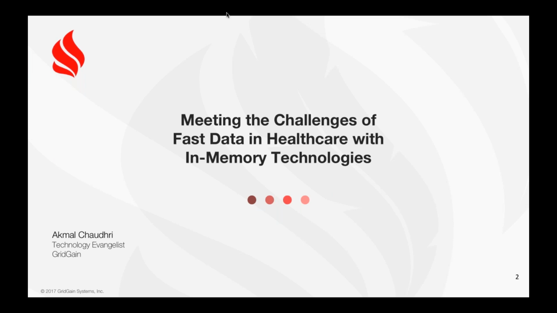We'll look at some case studies as well, customers who are using in-memory technologies, Apache Ignite, specifically GridGain in some cases, and I will discuss the differences and similarities between the two shortly as well. We have an hour scheduled for this, so depending on the speed and the pace, hopefully we'll finish a little bit early and leave time for questions as well.